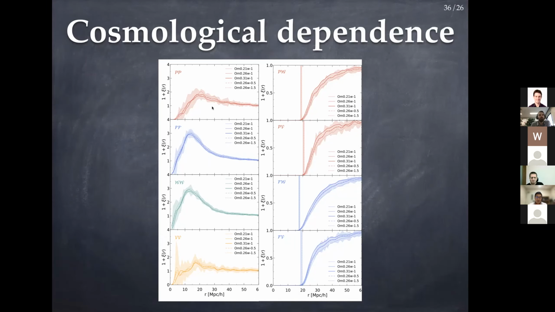I'm not sure you can clearly see the differences between them, but overall, there is a very small effect coming from the different amount of matter or even dark energy. It's only a matter of evolution, I guess.